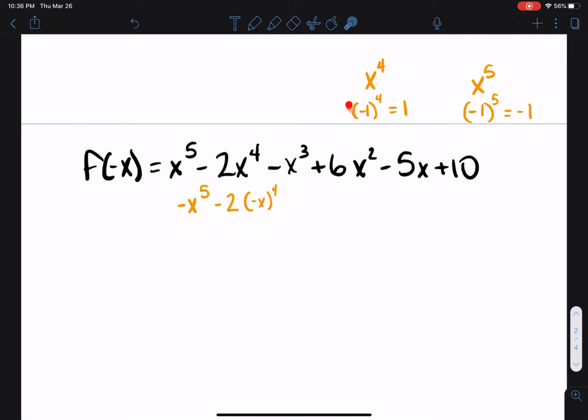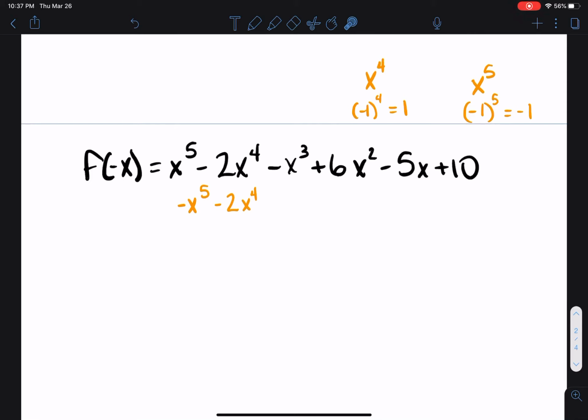X to the fourth, we just said is going to be a positive number. So I can essentially take this off. So since it changed our sign up here from a negative to a positive, x to the fourth is still positive. So negative 2 times x to the fourth is still going to be negative 2x to the fourth.